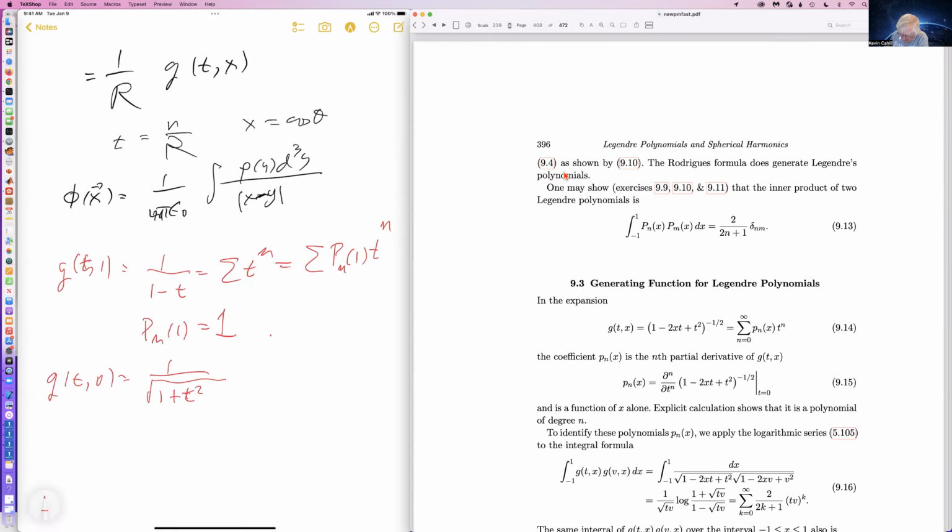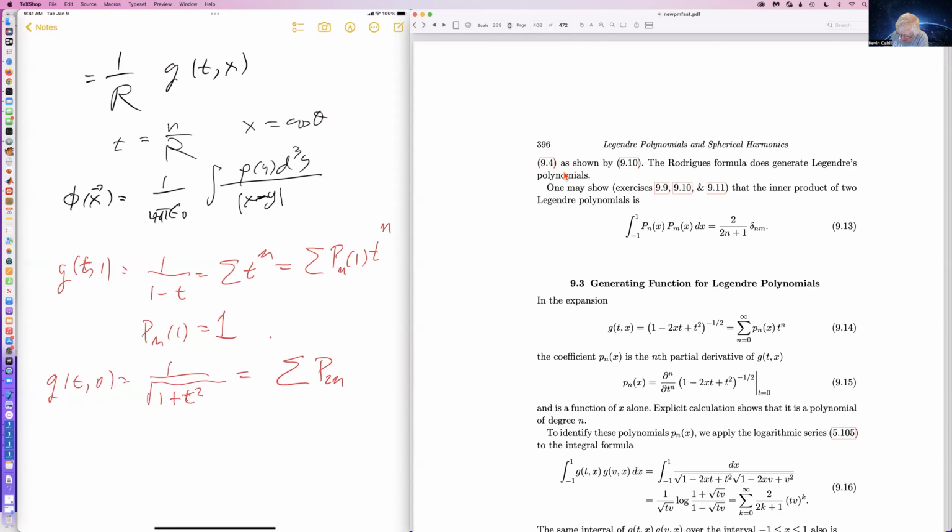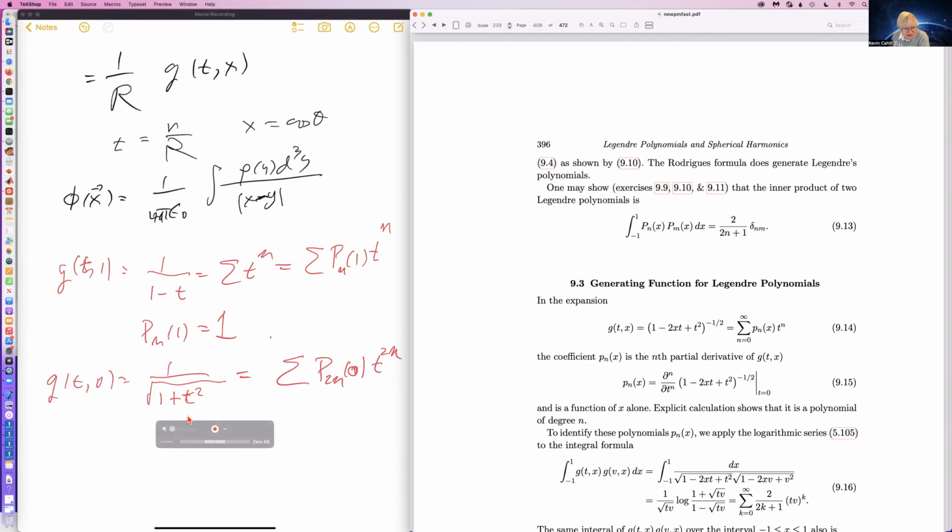But what we can see from that is that this is obviously a sum of P2n of 0 times t to the 2n. That is to say, you can't have any odd terms in t occur because this thing only involves t squared.